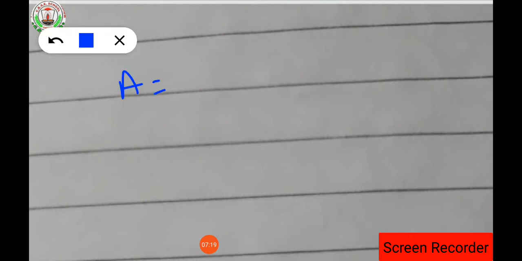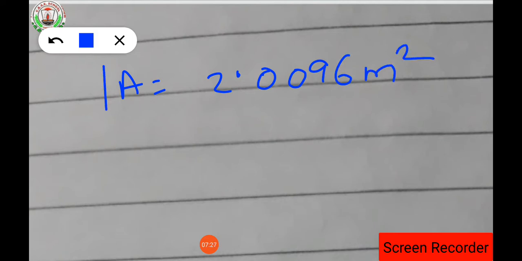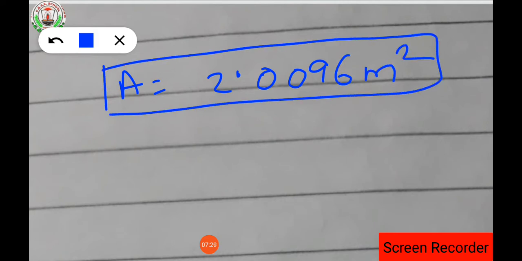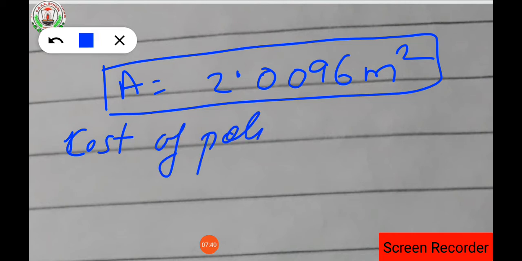So what is the area we got here? The area of the circle we got is 2.0096 meter square. This is the area of the circle we found right now. After finding the area of the circle, it is said the cost of polishing. What is to be polished? The table surface is to be polished.